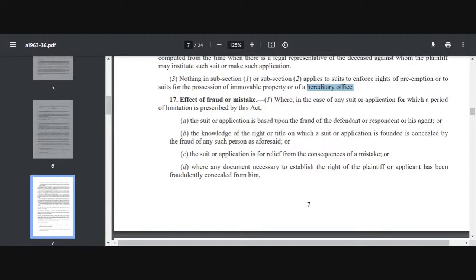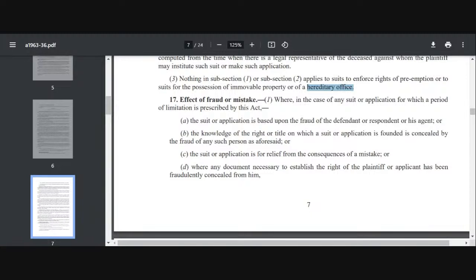Section 17 says that if a suit is based on fraud of the defendant or the respondent, or say for example his agent, तो जब तक the knowledge of this fraud is not coming to the person, you have the limitation period running, right? तो जैसे ही आपके knowledge में ये बात आती है कि आपके साथ fraud हुआ है, limitation period हम तब से start करेंगे.